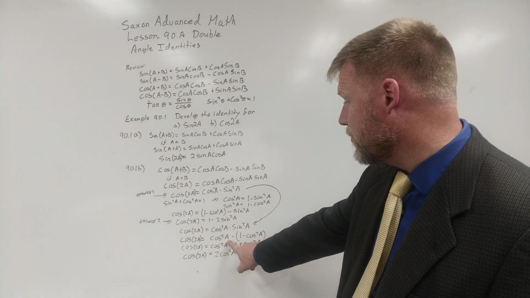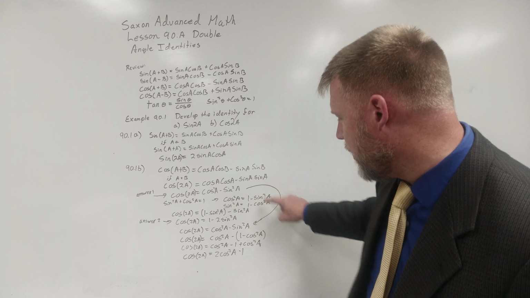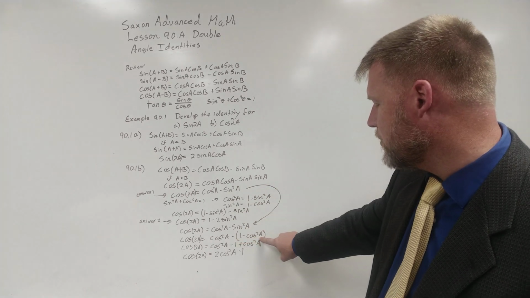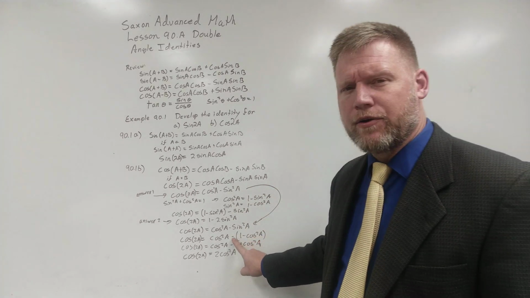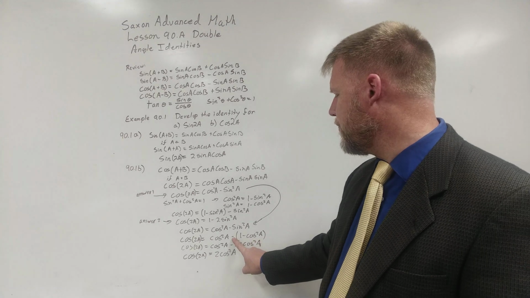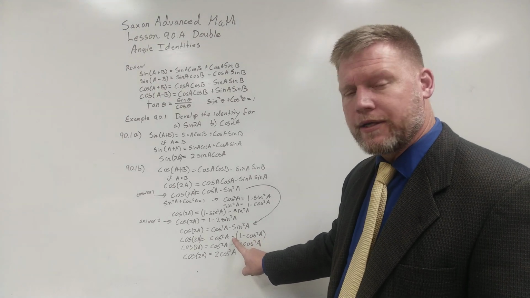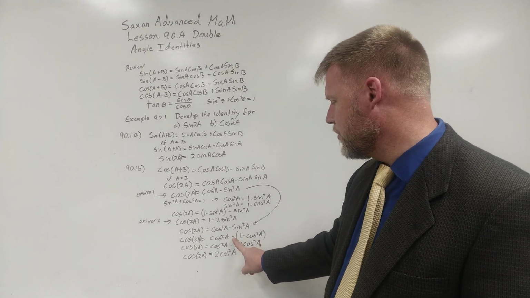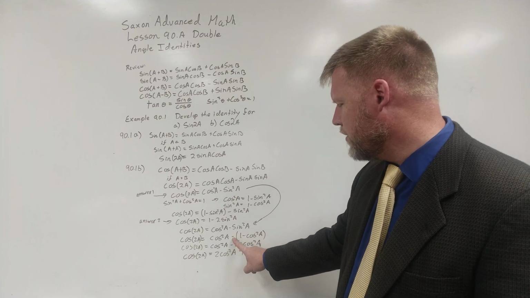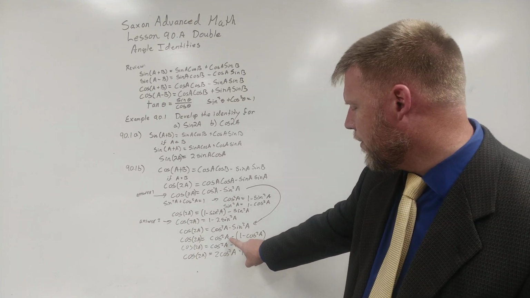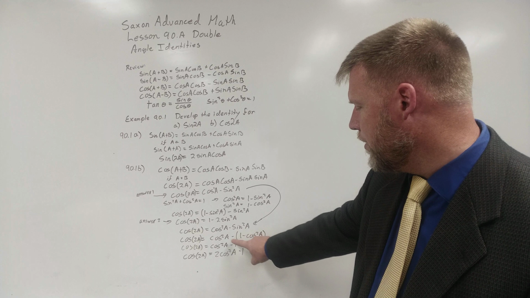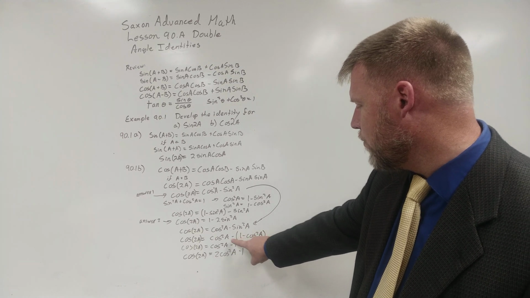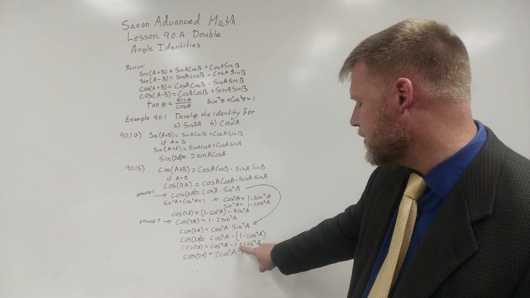That was from my original answer. Minus the sine squared a, which I plugged in as being 1 minus the cosine squared a, but I have a negative out here in the front, and I have to use my parentheses or else I will get an incorrect answer. I end up canceling it out and saying the cosine of 2a is 1, and that doesn't work. So I put negative 1, and a negative times negative becomes a positive.